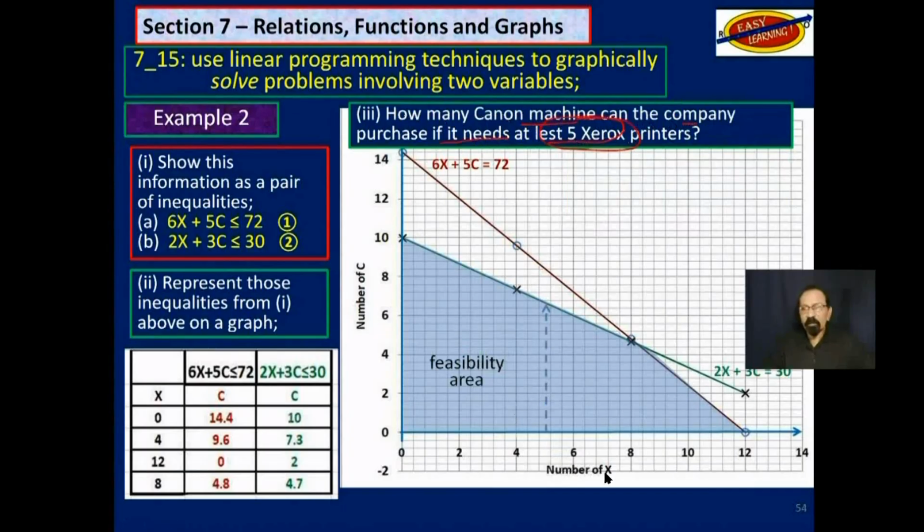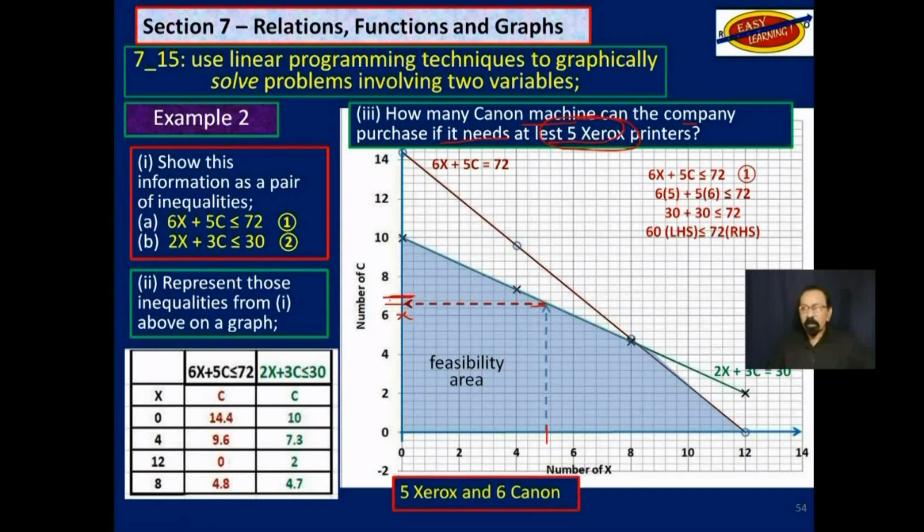So we go to 5 Xerox printers, come up here, come across, and we come up with that answer. Of course, you can't get half of a printer because 7 will be there. You don't have enough money to buy 7 printers and to operate them. So the next best one here would be 6. So the company would be able to buy 5 Xerox printers and 6 Canon printers.